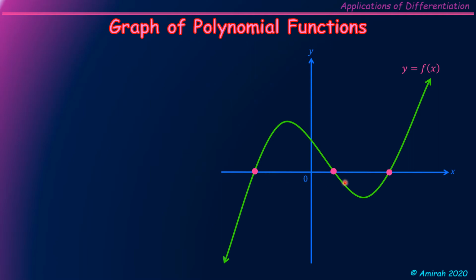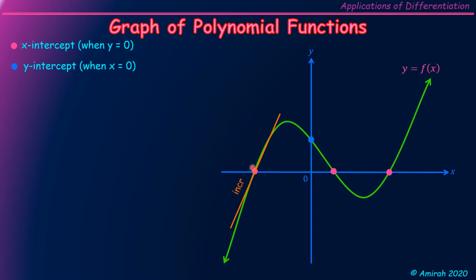And then we have this point, which is called x-intercept, and it happens when y equals 0. All x-intercepts are located on the x-axis. And this point is called y-intercept. The y-intercept happens when x equals 0. All y-intercepts are located on the y-axis.